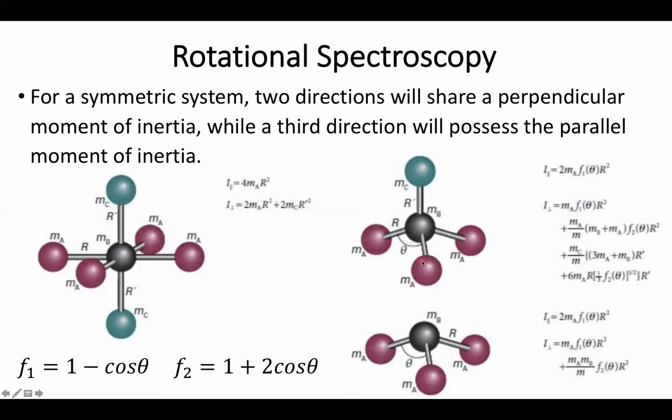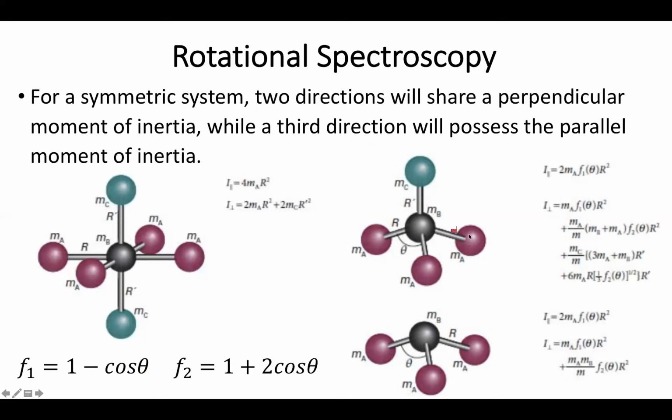And so that's going to be the major thing to watch out for with a lot of these symmetric cases, is that angle will actually affect the moment of inertia. And this again comes into play when we're dealing with the perpendicular axes, because then we have an angular term.